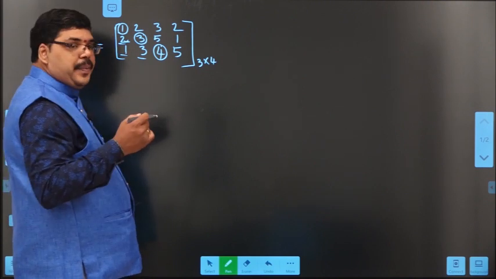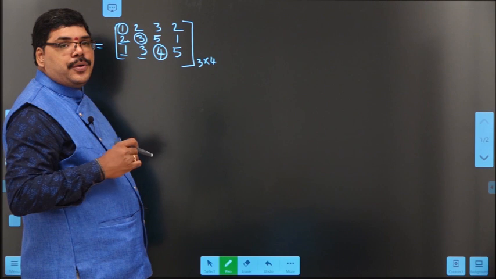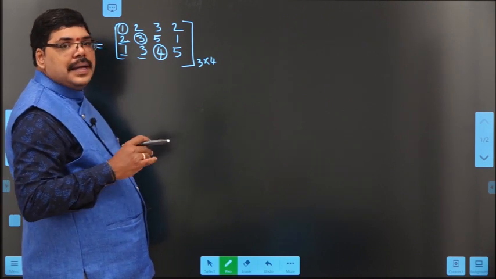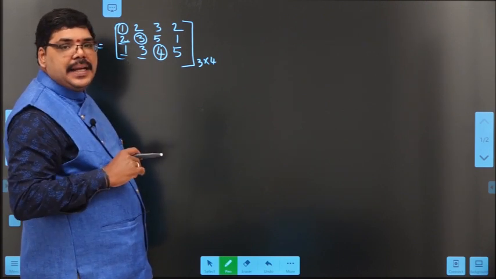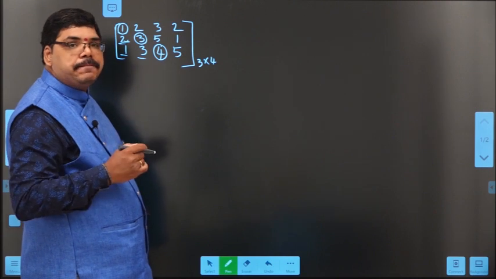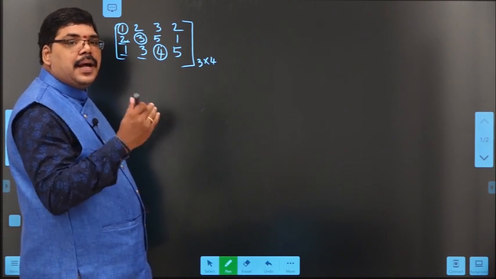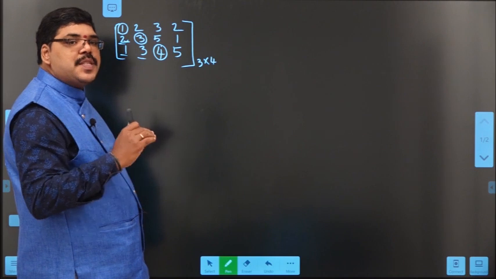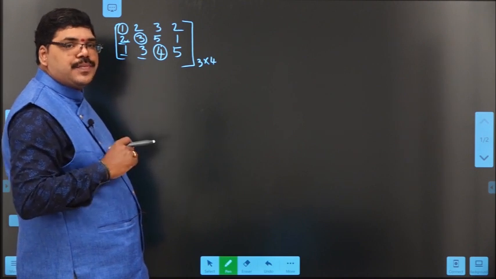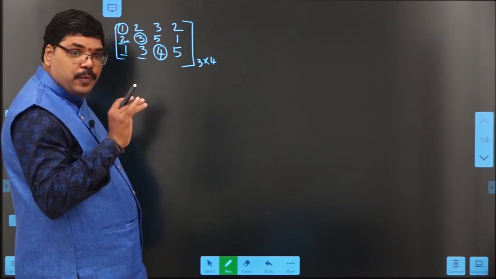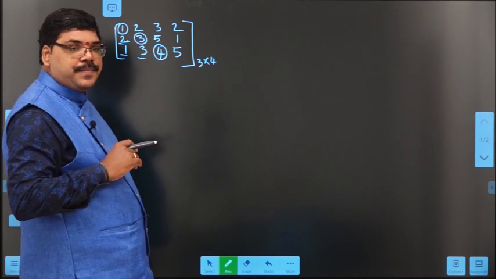So I am repeating again what we are going to do. We are identifying the principal diagonal elements and reducing the elements which are below the principal diagonal elements into zeros. For that we are applying row operations.